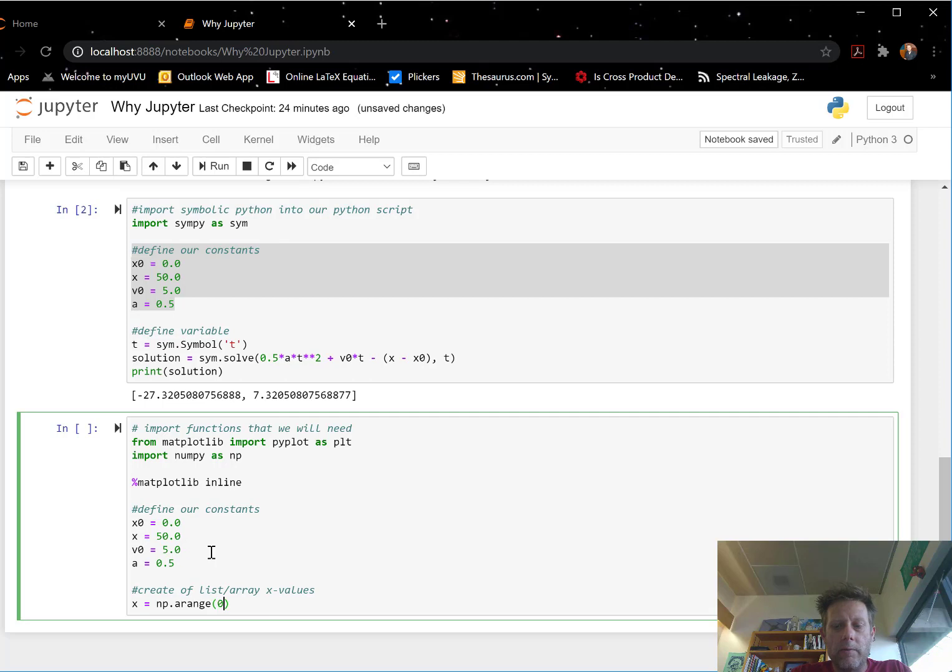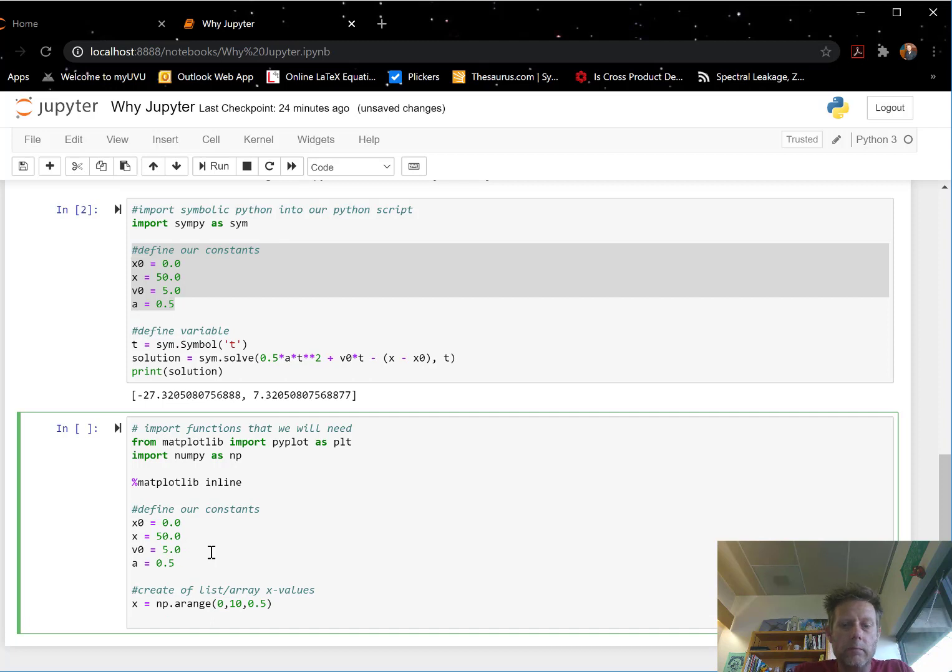I'm going to go from 0 to, well, we know that after 50 meters, it will take about 7 seconds. So let's go out to 10 seconds. But I want this to be in step size of, let's say, 1 second. Or should we do half a second intervals? Okay. My y values, so now x corresponds actually to the time. My y values will actually be my x position.